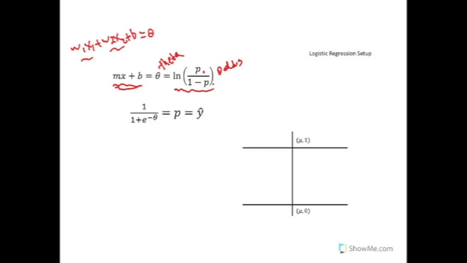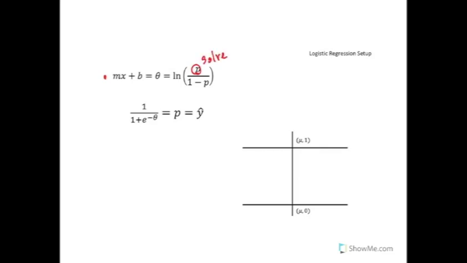And then what we do is we rearrange this equation and we solve for p. Right, so we solve for this using some algebra, and when we solve for p, we get the equation down here. This equation down here is commonly referred to as the sigmoid function. You'll hear that referred to quite a bit. And the sigmoid function has got some really neat characteristics for classification purposes.